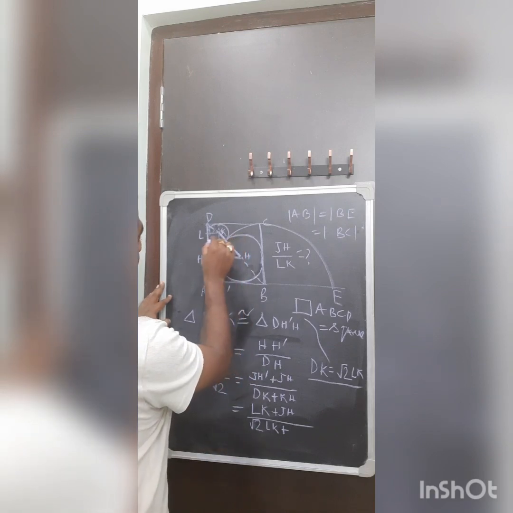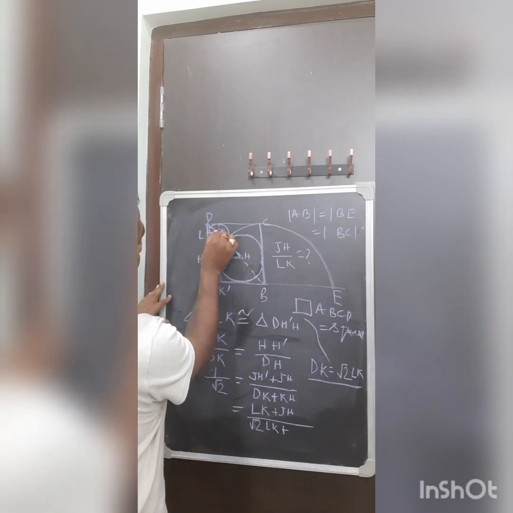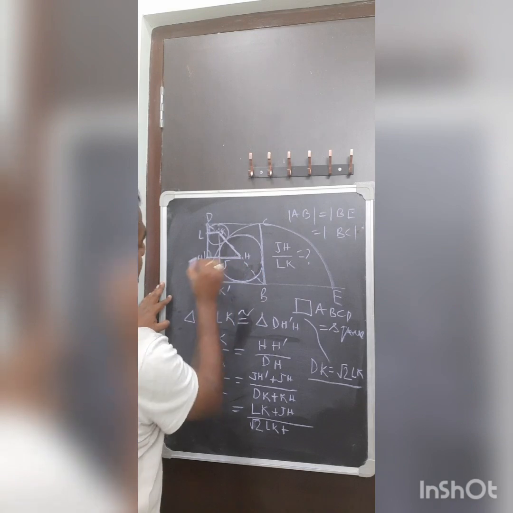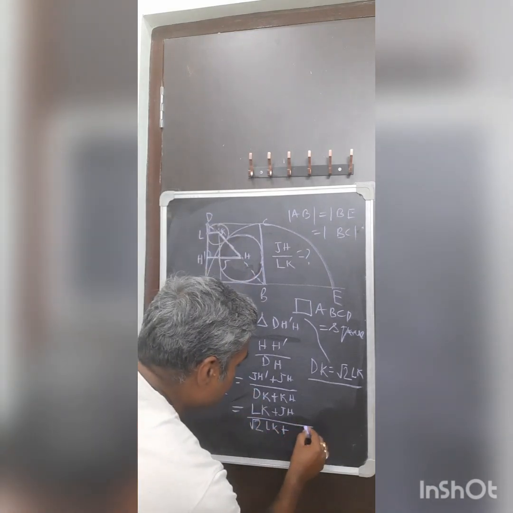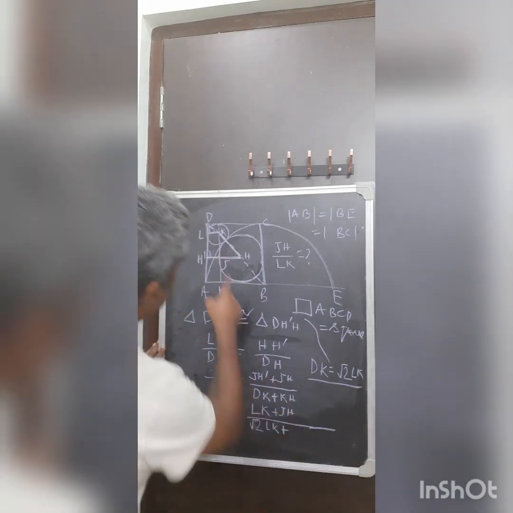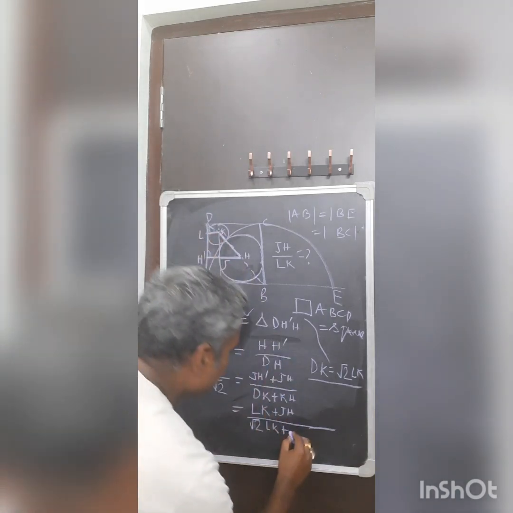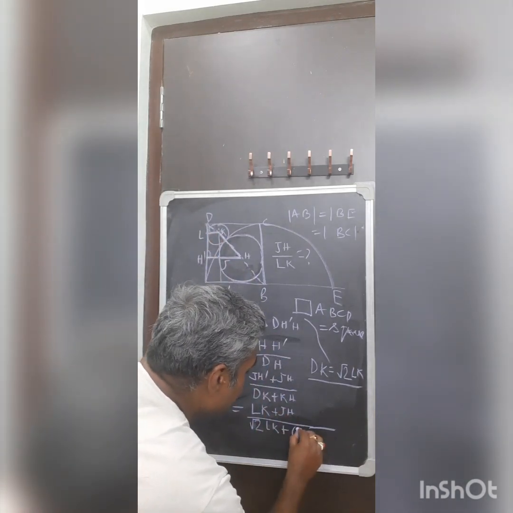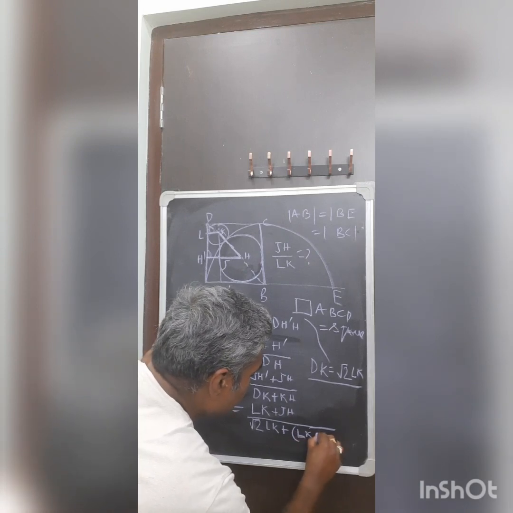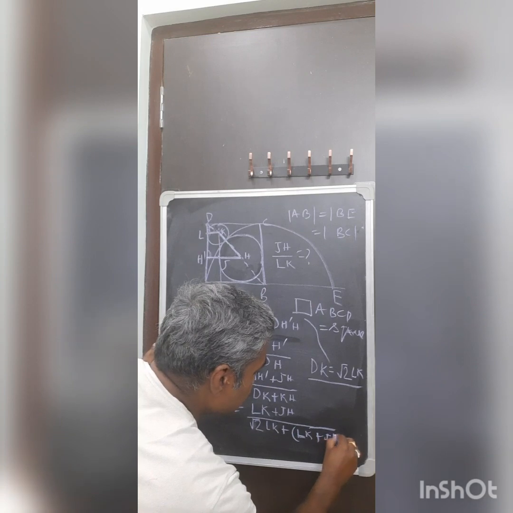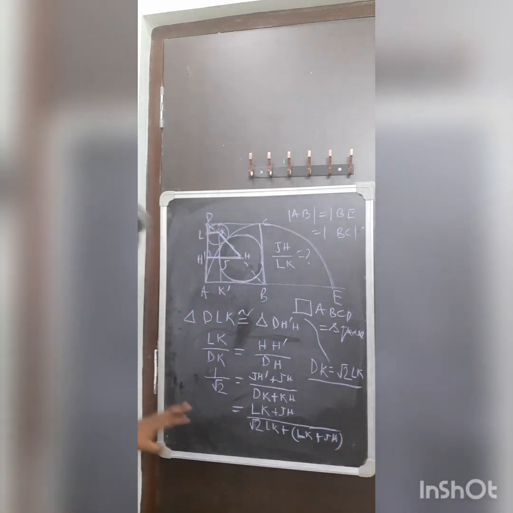So this is nothing but equal to LK and JH, because these are the radius. So if I represent KH in terms of LK, KH is nothing but LK plus JH. Is that clear?